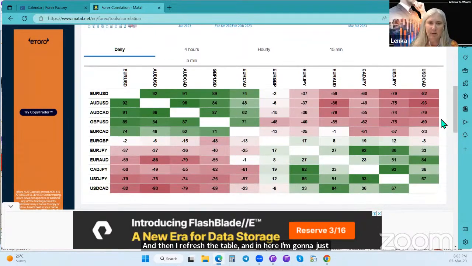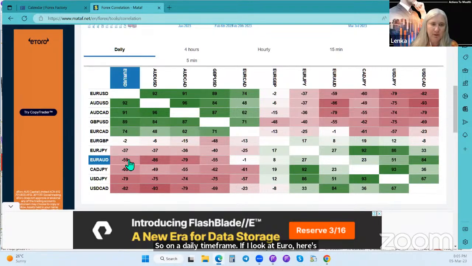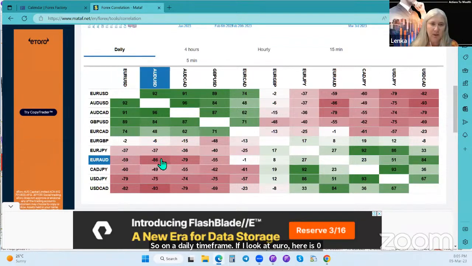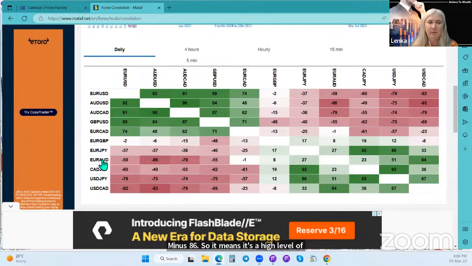So on a daily time frame, here's euro AUD in relation to AUD USD. The number here is negative, therefore it's colored in red, minus 86. So it means it's a high level of negative correlation, which means that if euro AUD goes one way, it's likely that AUD USD would go in the opposite direction.